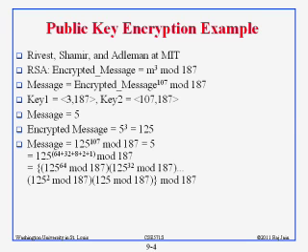So here in this example we have two keys. The first key is 3,187. The second key is 107,187. So the way these numbers are used is that you raise the message to the power 3, and you take mod with the second number.